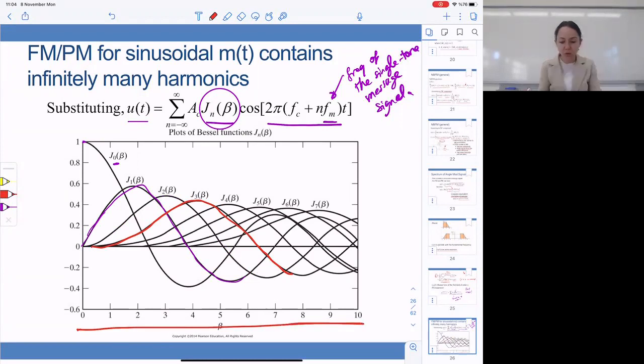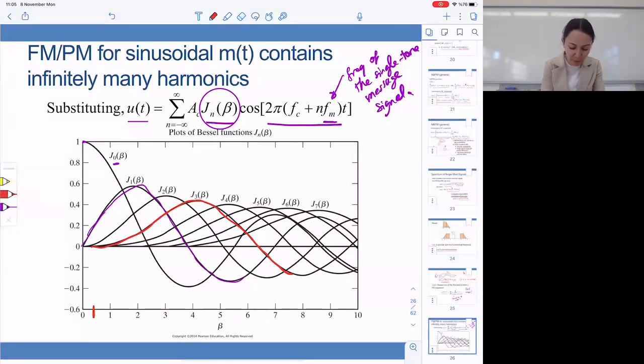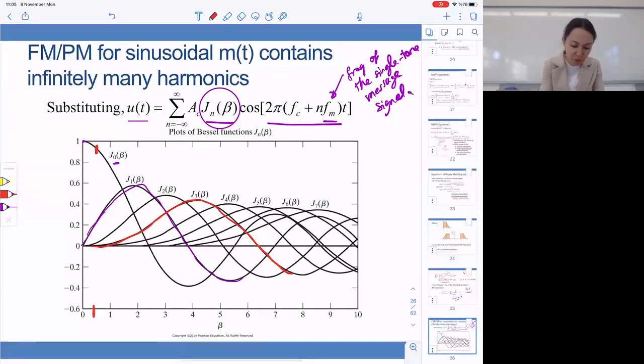Now, we do not need their values for all values of beta, because we have a particular beta, right? Suppose beta is here. Suppose beta is very small. Then look at these terms. J0 is high. J1 is perhaps appreciable. J2 is quite low, and J3 is negligible. And everything after 3 has negligible amplitude. So that's great.